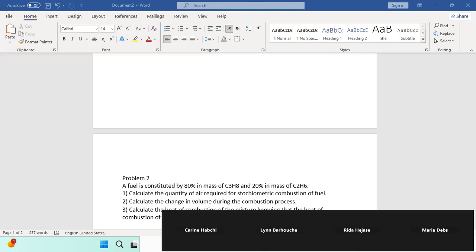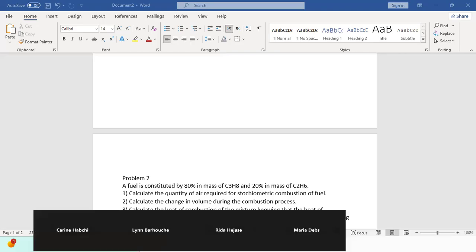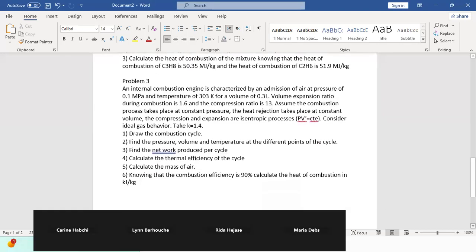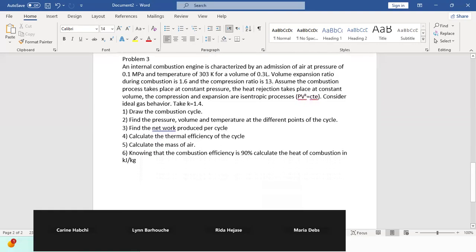Okay. I will also introduce a new concept which is related to internal combustion engines. One of the main applications of fossil fuels is to use them in internal combustion engines. In this case, we have production of work from the heat released by combustion.